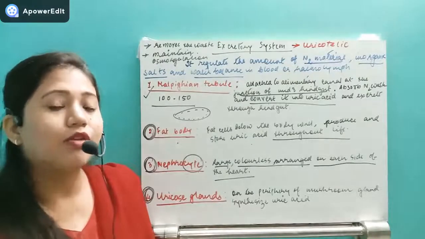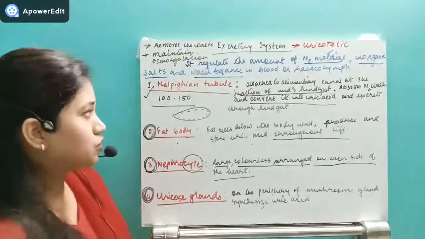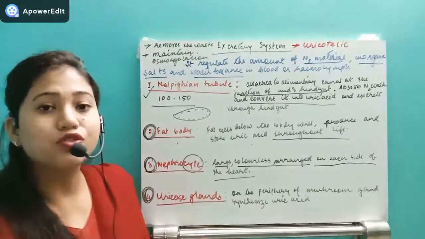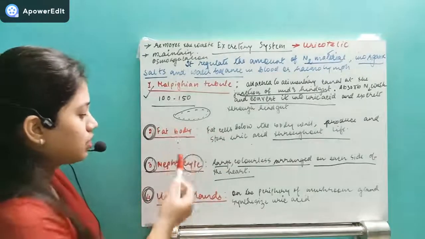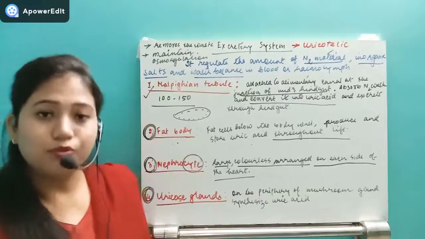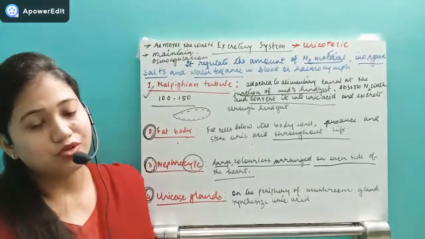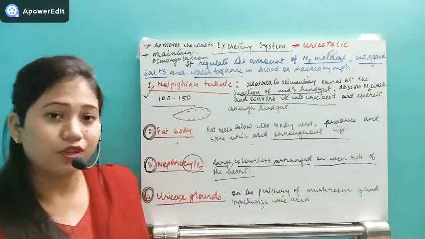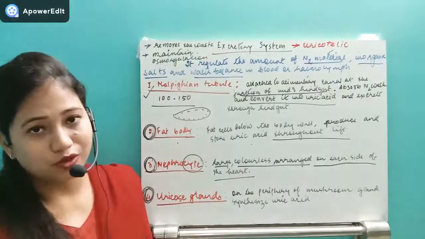So that is all about the excretory system. Malpighian tubule produces the uric acid from the ammonia and also removes it. But fat body, nephrocyte and uricose gland store it for the whole life. They produce the uric acid, but after producing it, they store it for the whole life, because there is no other passage for removal of this nitrogenous waste product, uric acid.